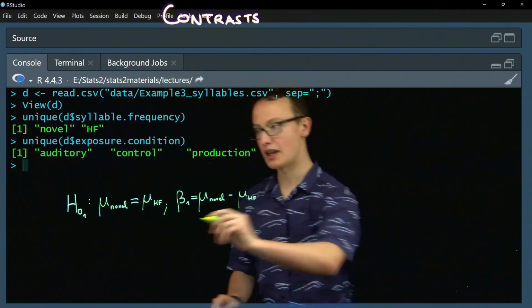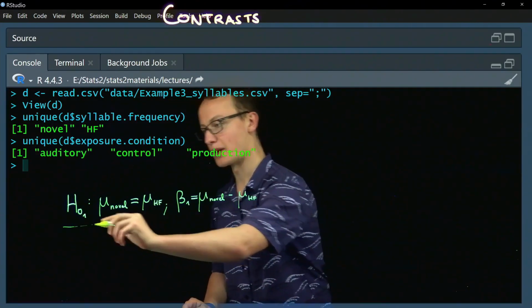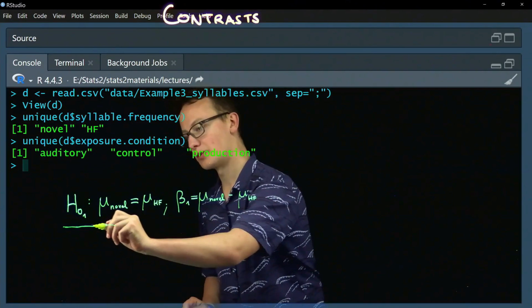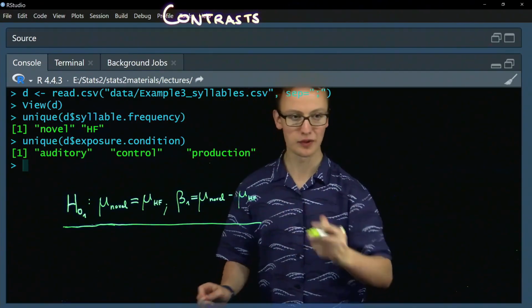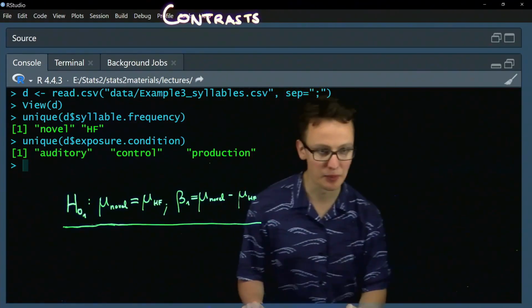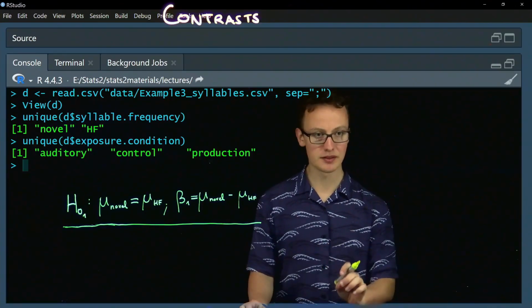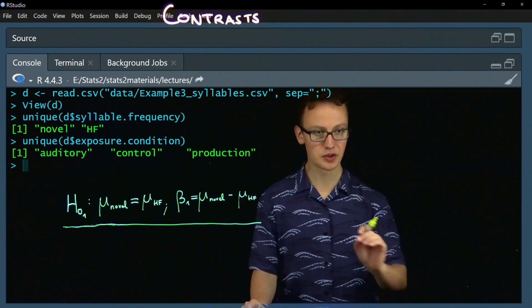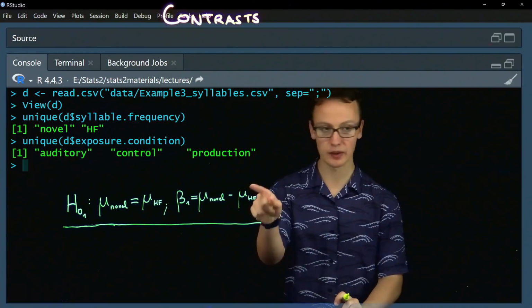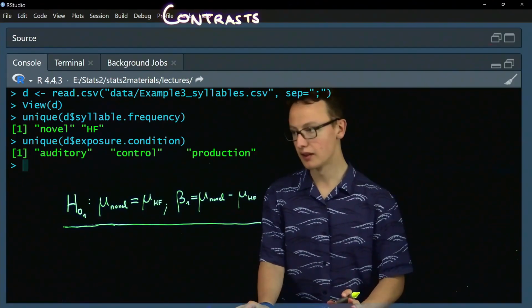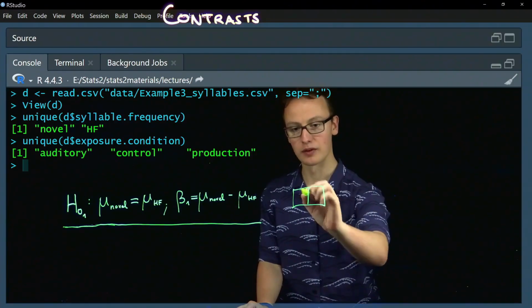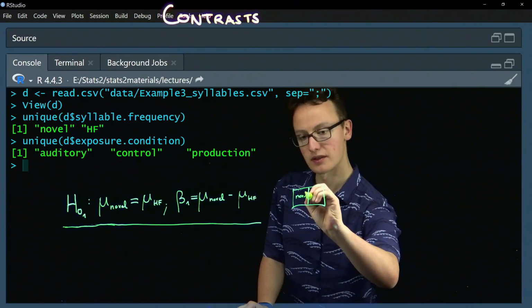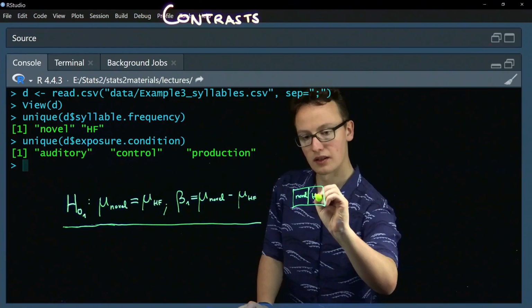Now, this is basically everything there is about my first factor, which is just a two-level factor. Recall that you have to specify exactly as many hypotheses as there are levels minus one. So for a two-level factor, you can just specify one hypothesis and that's it, okay? That's a two-level factor here of syllable type, the novel versus highly frequent.